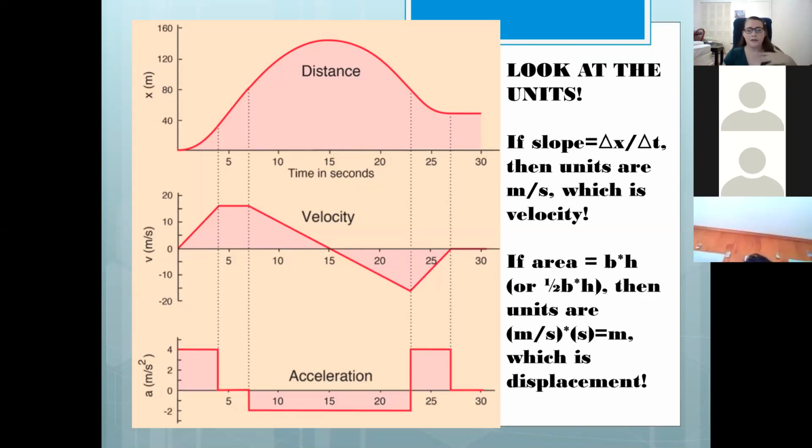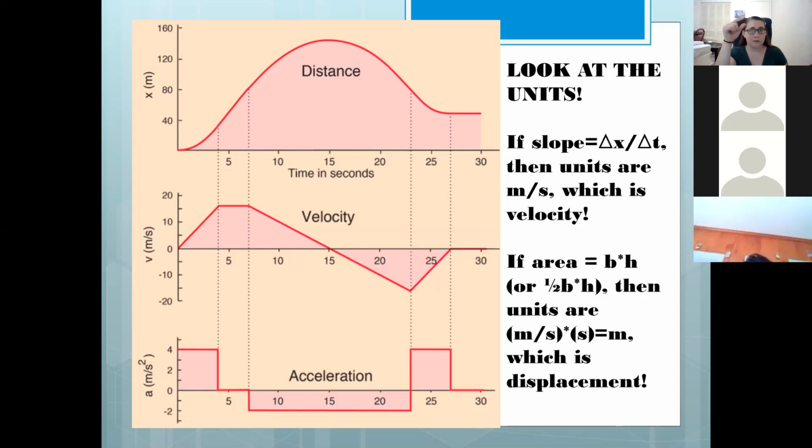So thinking about this idea of how can we look at a velocity time graph and know about the position? If we look at that pink shaded area, it's called the area under the curve. And if we look at that area, well, the area of a triangle, for example, that first little section is 1/2 base times height.